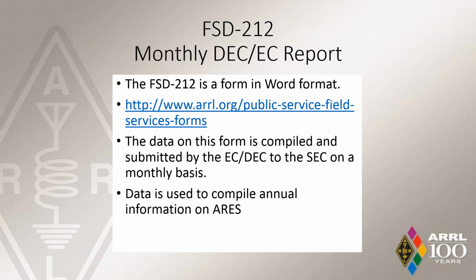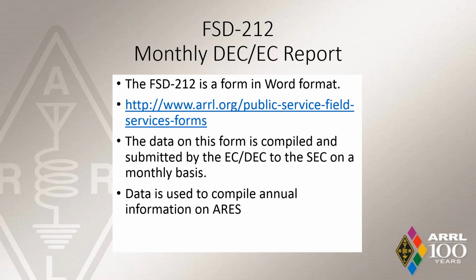That link will take you right to the forms page, and you can find all of our forms currently presented there. And you might want to copy this link, put it in your favorites, and keep it handy so you can get back to it rather quickly.